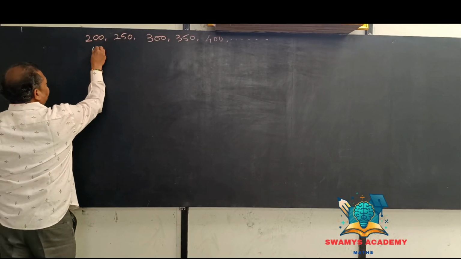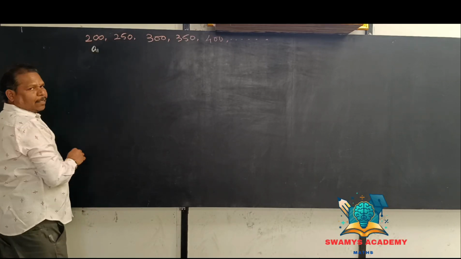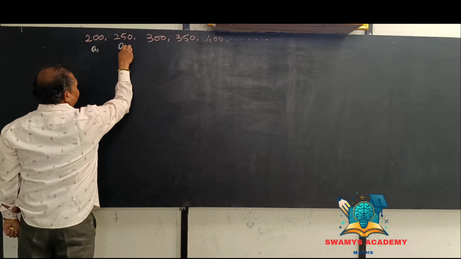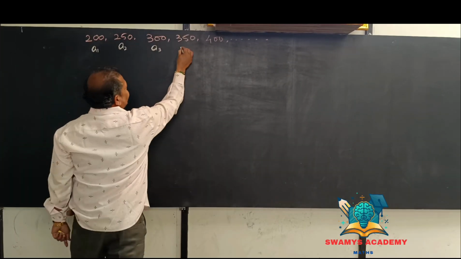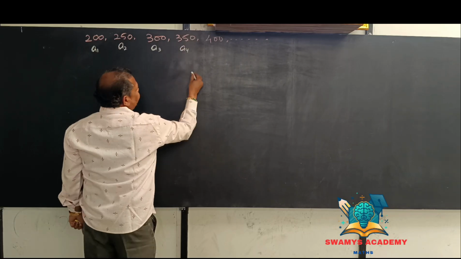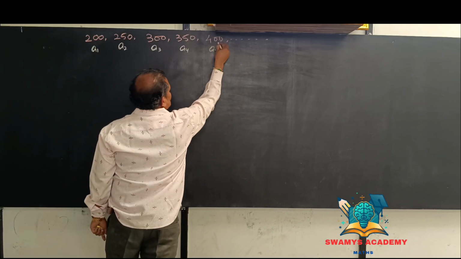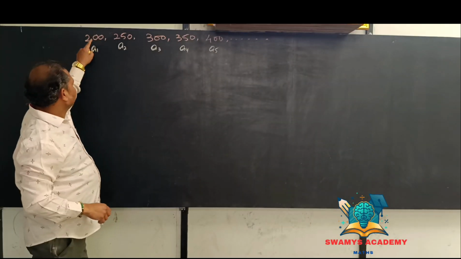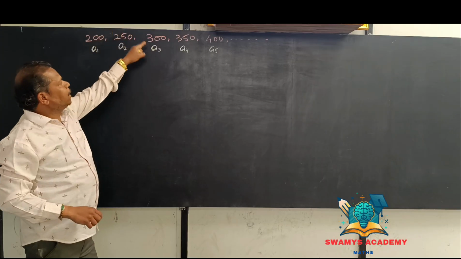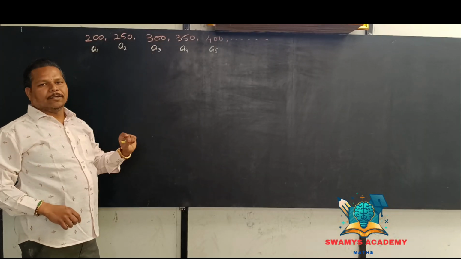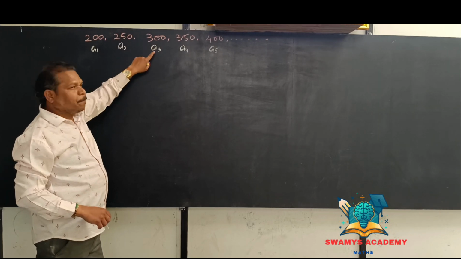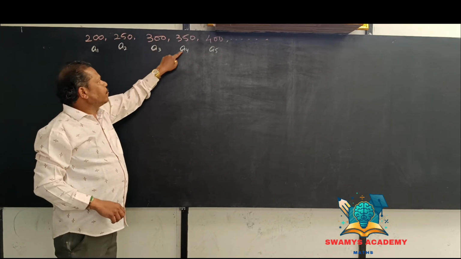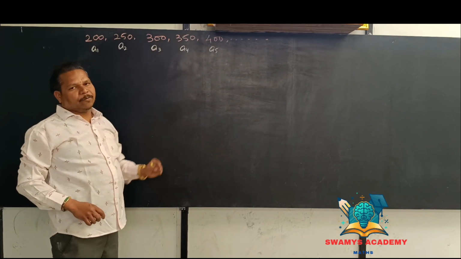A1 is 200, A2 is 250, A3 is 300, A4 is 350, A5 is 400. Once again: 200, 250, 300, 350, 400. So A1 value is 200, A2 value is 250, A3 value is 300, A4 value is 350, A5 value is 400.